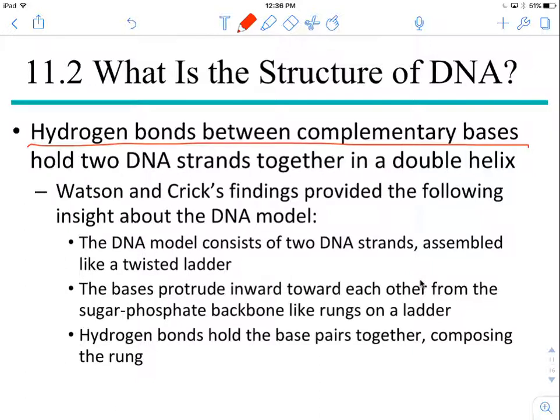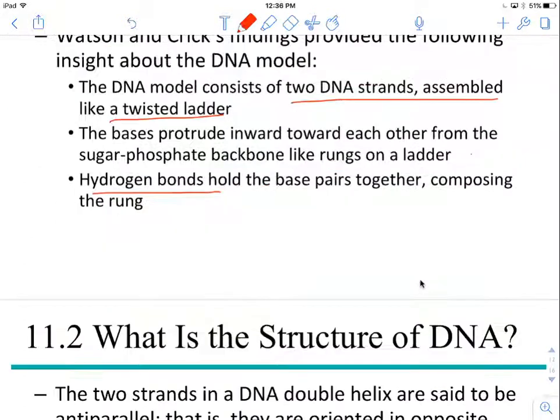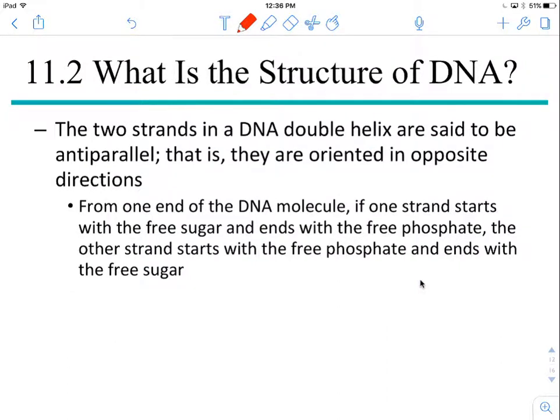Okay, so our DNA model is 2 DNA strands assembled like a twisted ladder. Bases protrude inward, and the sugar phosphate is like the side rails, and hydrogen bonds hold the base pairs together. Okay. Cool thing about DNA is the DNA double helix, the strands are said to be anti-parallel. They're oriented in opposite directions.